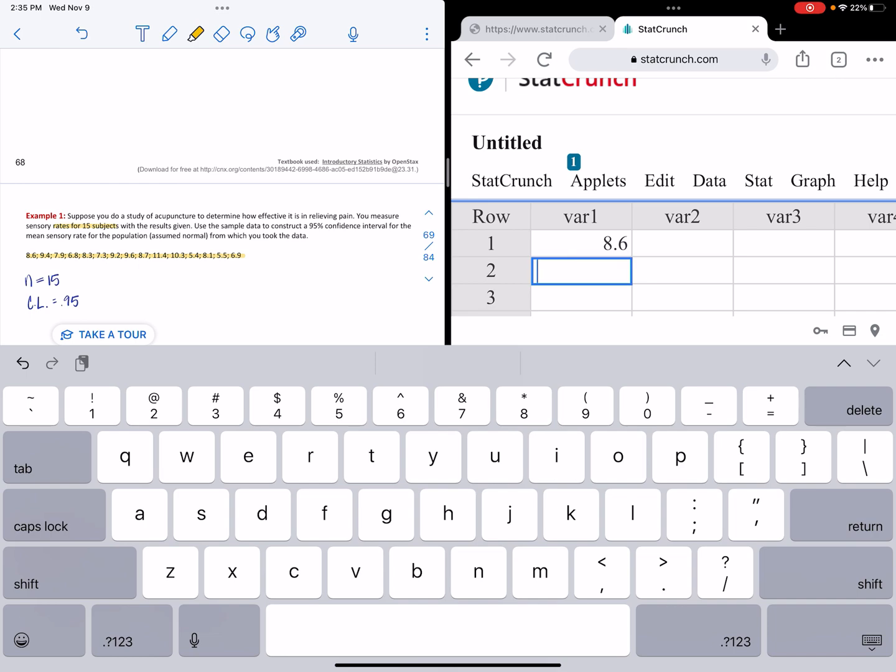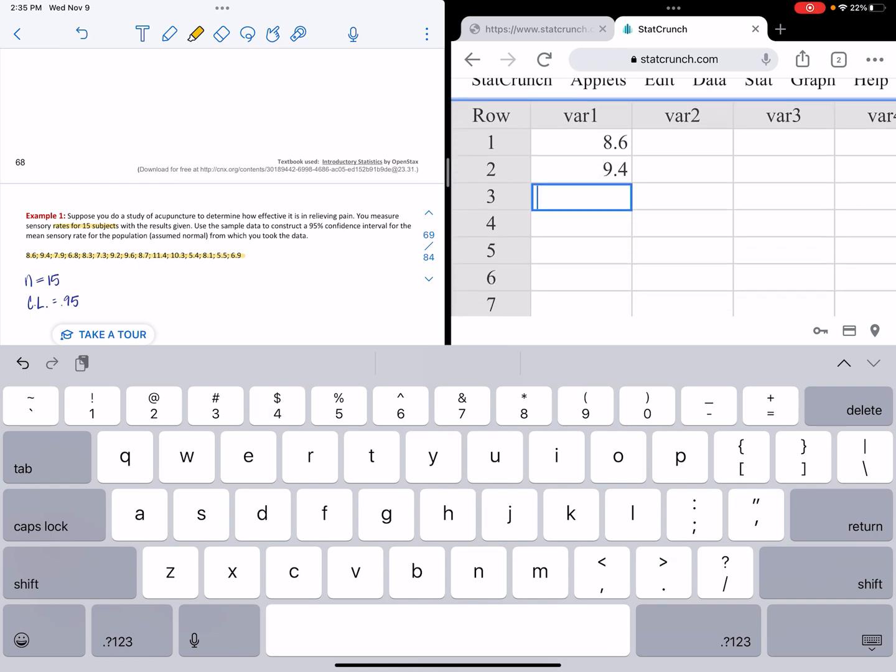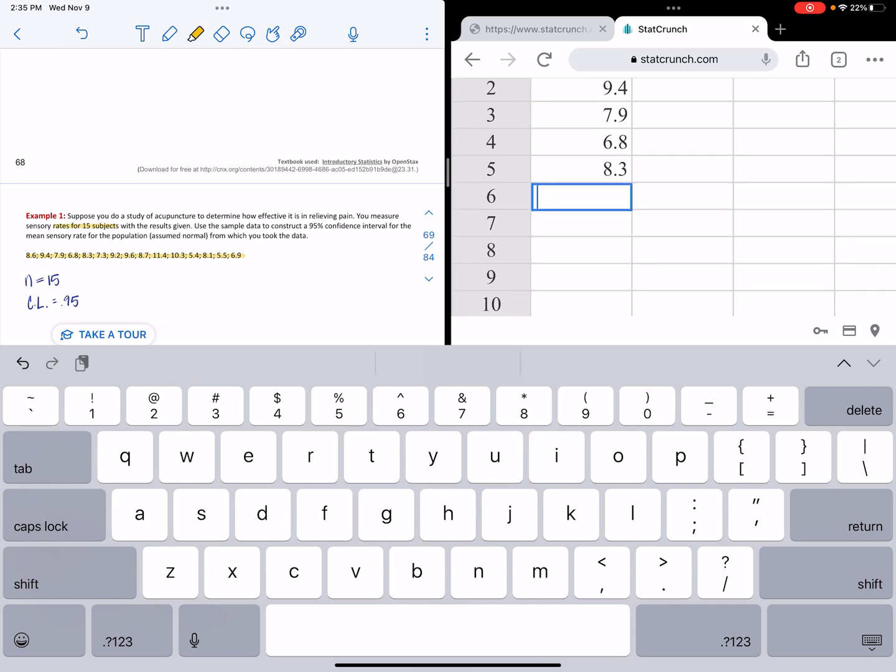So I'm going to put in my list of data. Feel free to fast forward through the entering of the data.